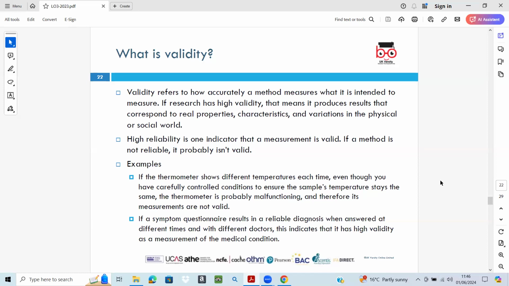So validity strengthens the credibility and trustworthiness of research findings by ensuring that the results truly reflect the properties or characteristics being studied. So researchers strive to establish validity to enhance the accuracy and relevance of their conclusions and insights derived from the data collected.